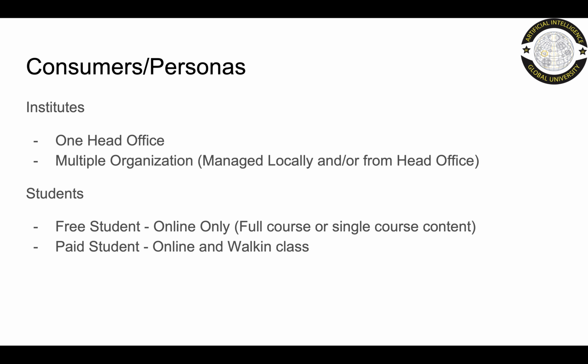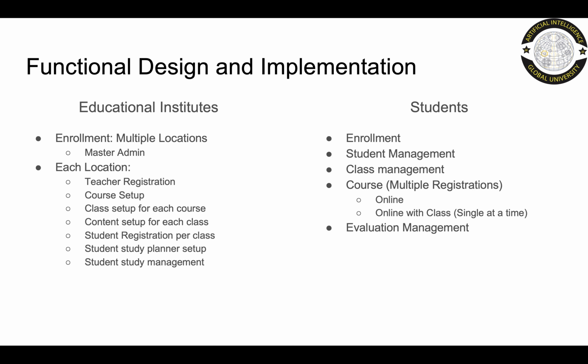It means the platform is not designed for anyone to go and start learning. A student must be part of some educational institution, and through that institute they will be able to join AIGU. So rather than being open, it is through an educational institute.